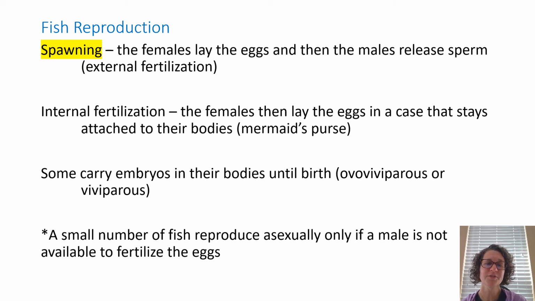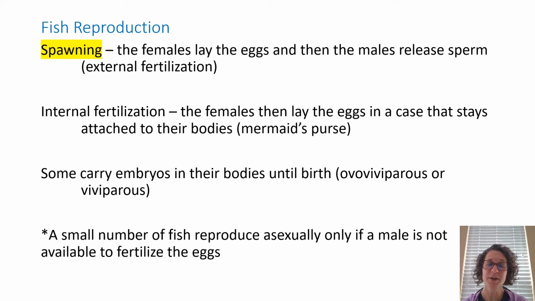There are some fish that do go through internal fertilization, and in this case the male releases or injects sperm into the female's body. The female will lay the eggs, but she will lay them in a case, like a little bundle, and it stays attached to their bodies very often, and those are called mermaid's purses, if you've ever seen that.